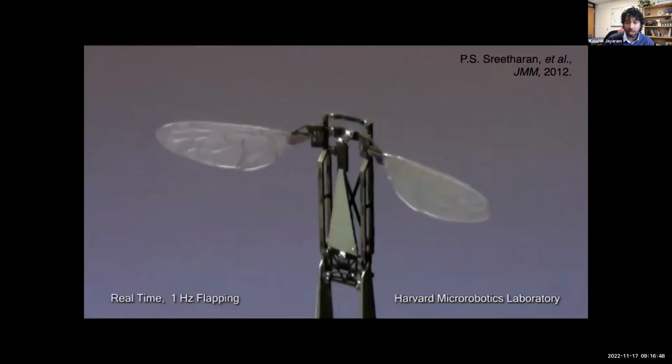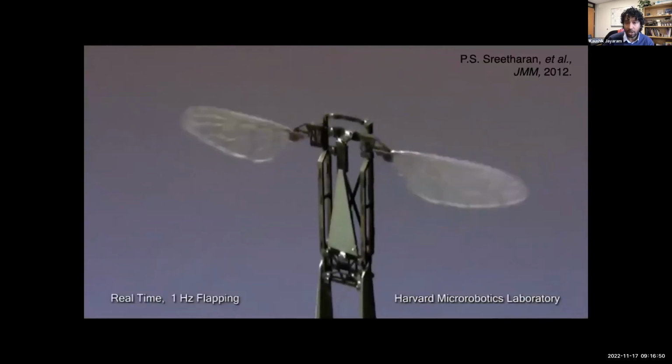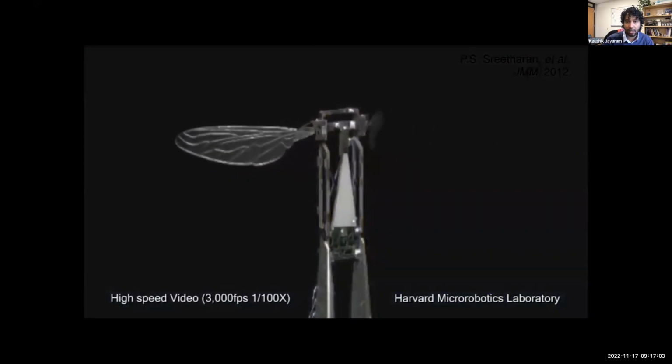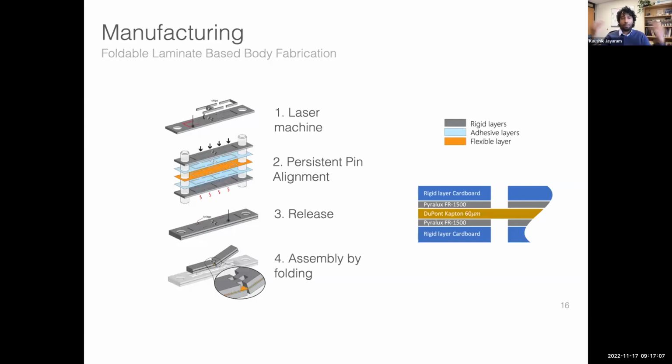And so you can see the device function here. And this is flying at high speed. See all the intricate structures. And so the essence of this approach can be summarized in these 4 steps.